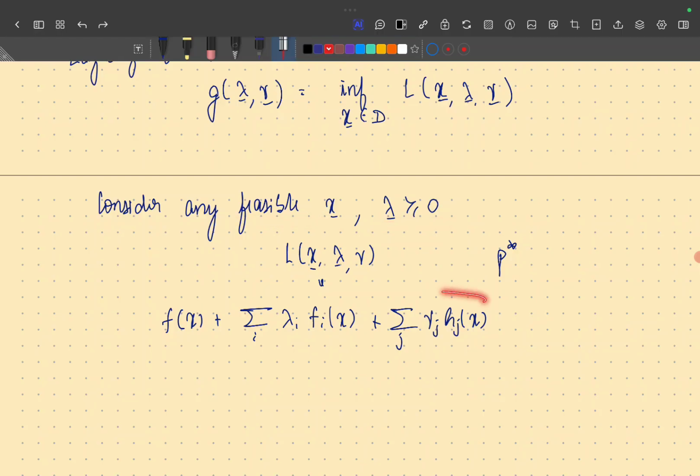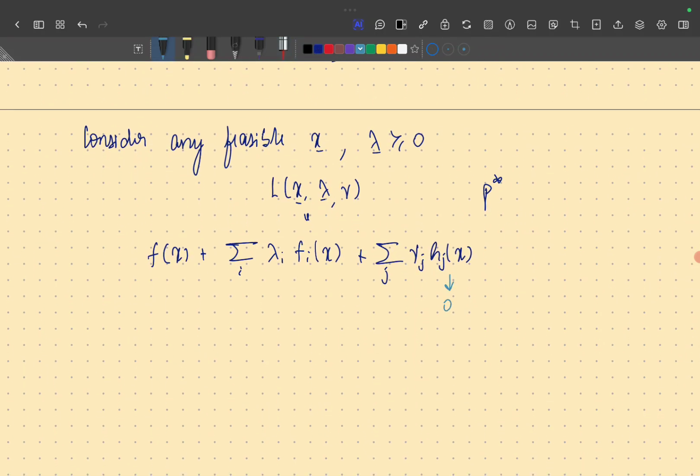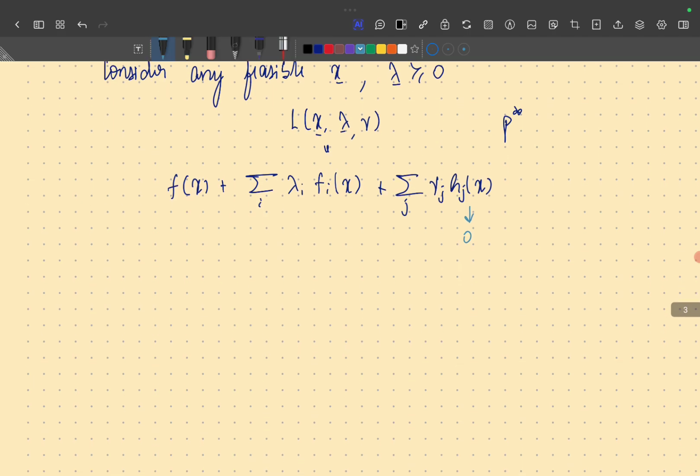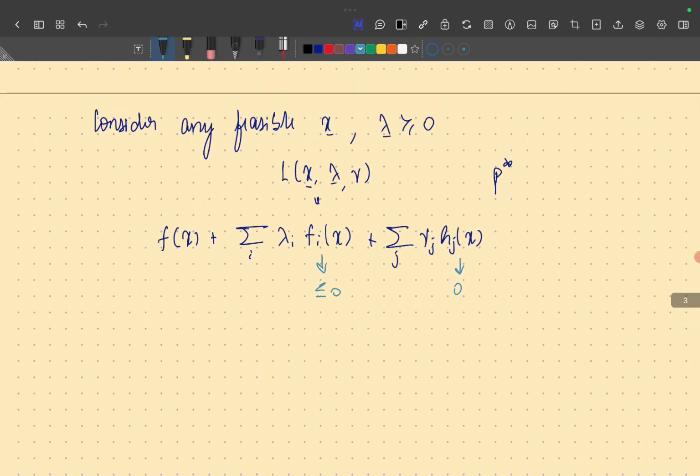So if x is feasible, what can you say about this quantity? It's equal to 0, because if x is feasible, then it must satisfy all of the constraints. So each h_j of x should be equal to 0. And what can you say about each f_i of x? If it satisfies all of the constraints, then f_i of x should be less than or equal to 0. Right? So this quantity is less than or equal to 0.